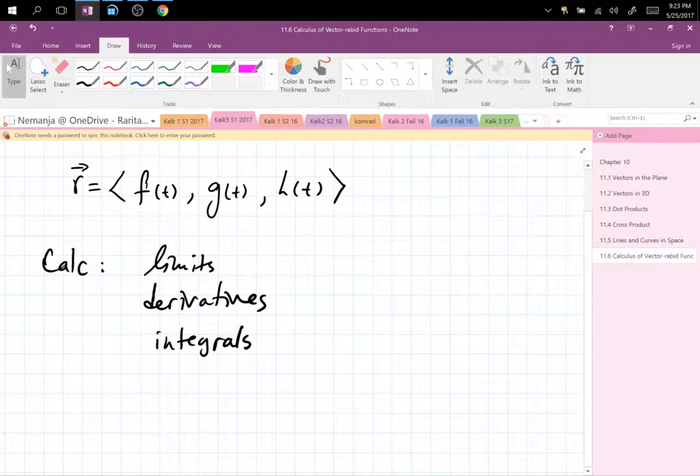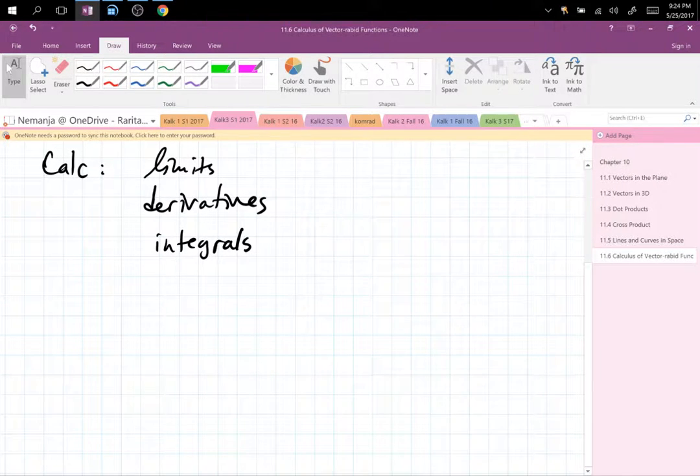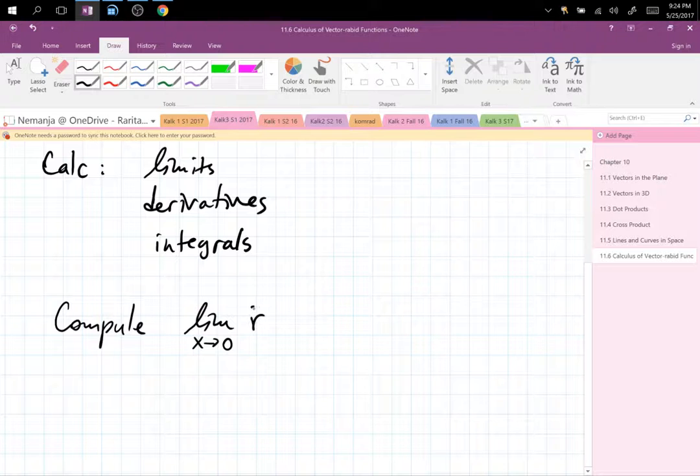You want one example? All right, fine. Let's do an example. So, compute the limit as t goes to 0 for r of t.